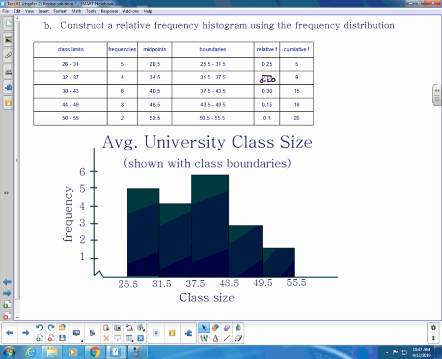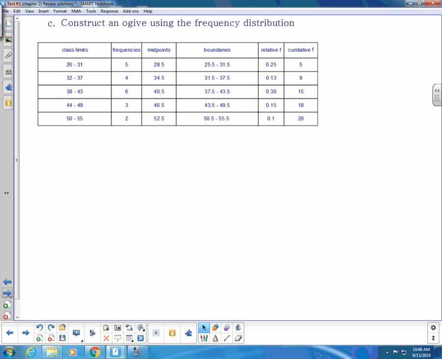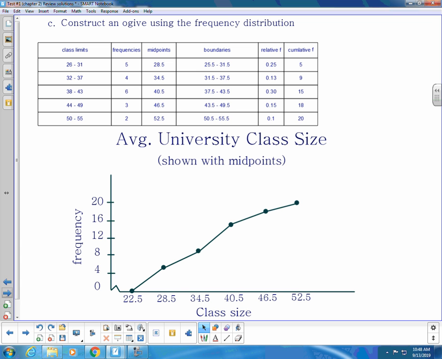Okay, the last one is a cumulative frequency graph. You have to start before. So this graph has to start at 0.